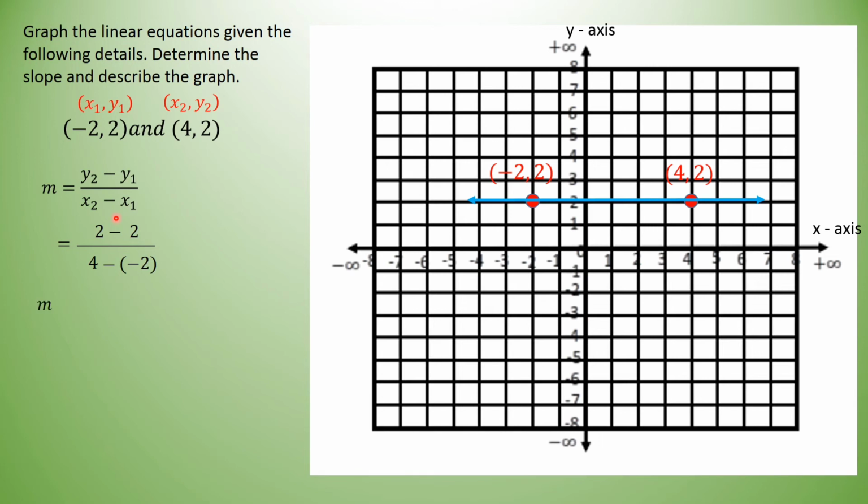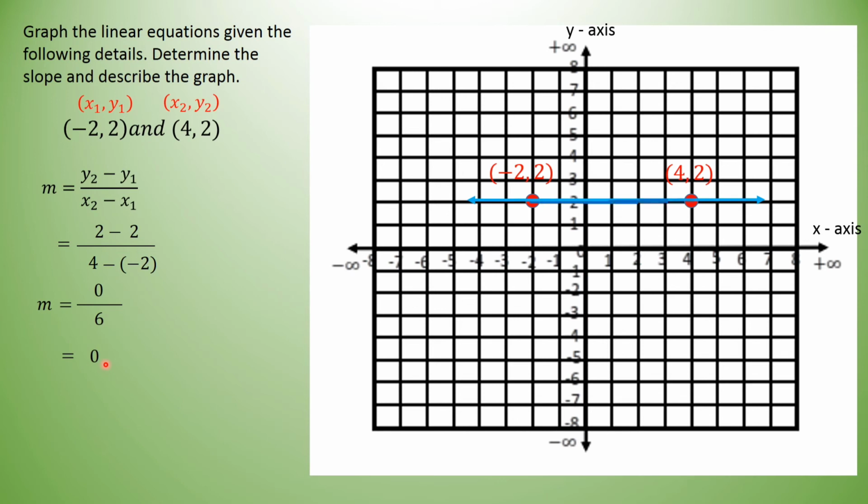So, the slope now is equal to 2 minus 2 equals 0 over 4 minus negative 2. So, that would become 4 plus 2 since negative times negative is equal to positive. So, 4 plus 2 equals 6. Since the numerator is 0, the final answer would be equal to 0. So, our slope is equal to 0.